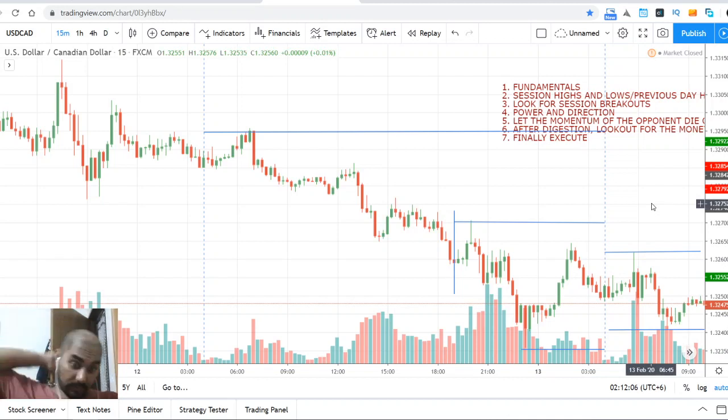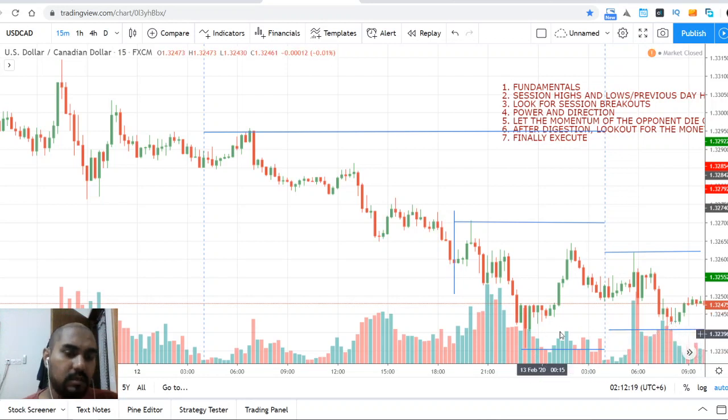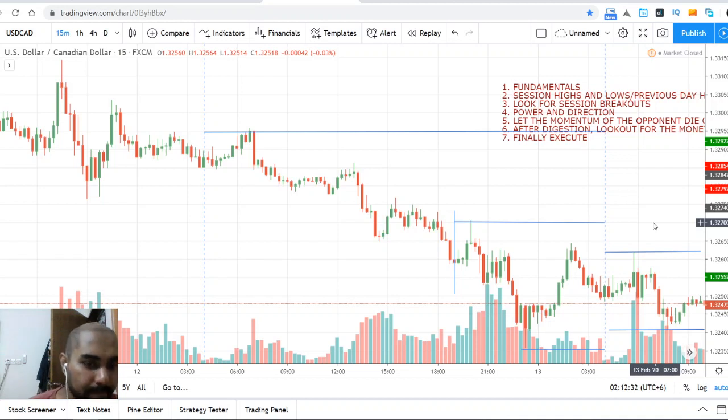Okay, so New York was here, and after this low, Asia hasn't come down yet. The very first thought after I saw this chart was that it's not going to go down anymore, and let's see what happens.